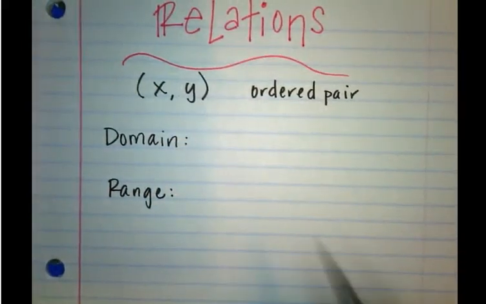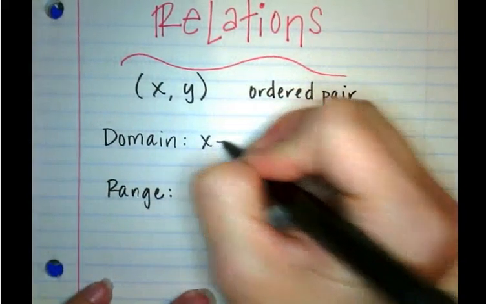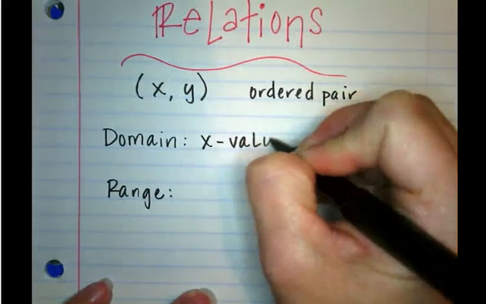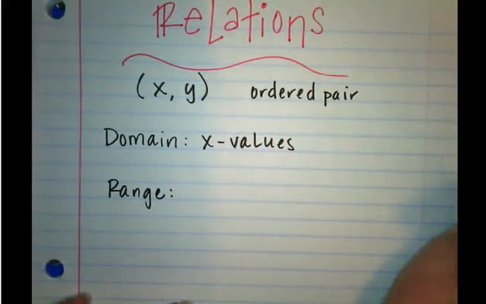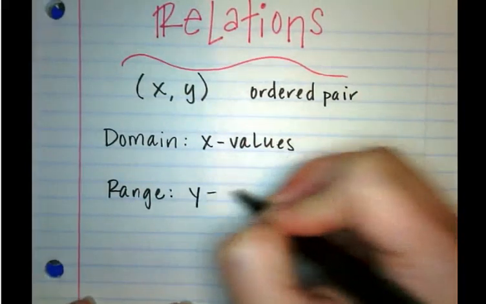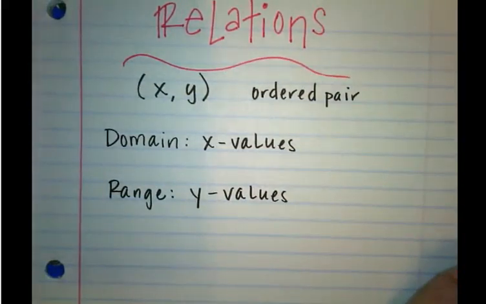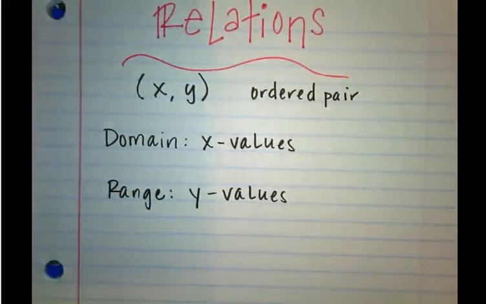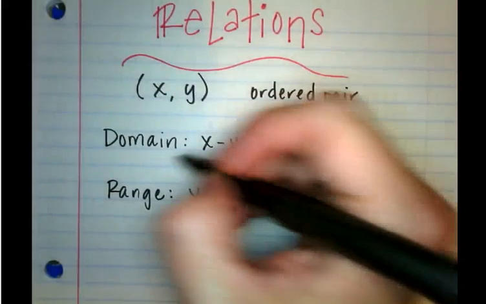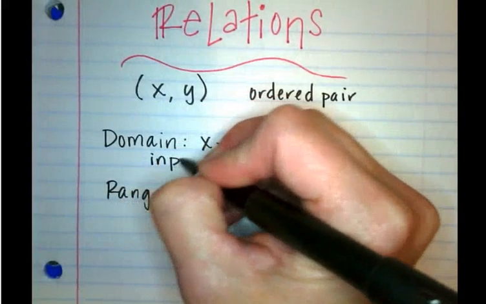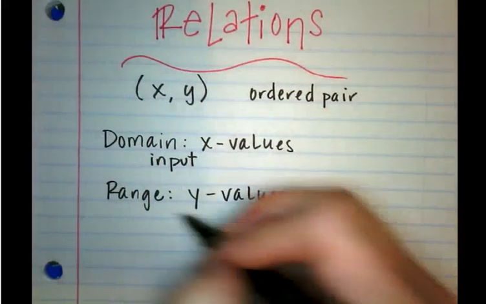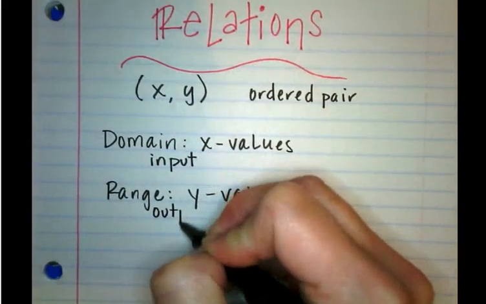Alright, now the domain, this is talking about all of the X values, and the range is talking about all of the Y values. Now, when we talk about domain, you might remember different words from last year or the year before. Sometimes people will say input and output.